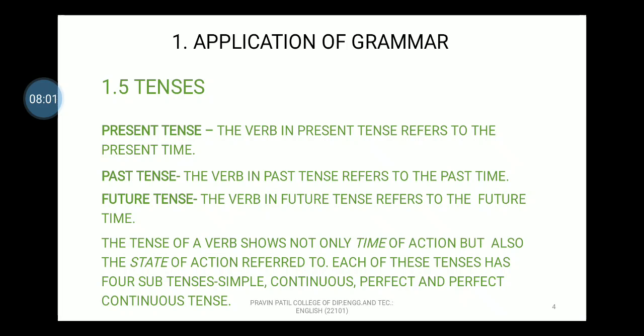As per the manner of action, we divide verbs into 4 categories: simple, continuous, perfect, and perfect continuous. Simple means simple, continuous means the action is going on, perfect means the action is completed, and perfect continuous means the action started some time before and is presently continuing. These are the 4 manners.